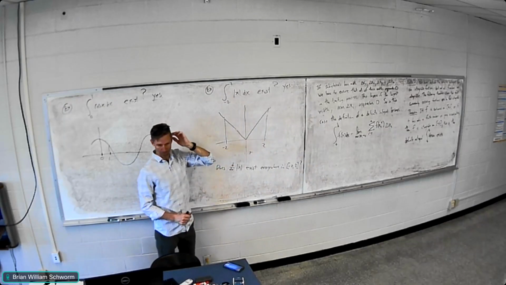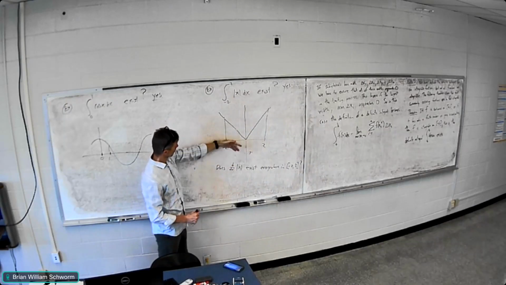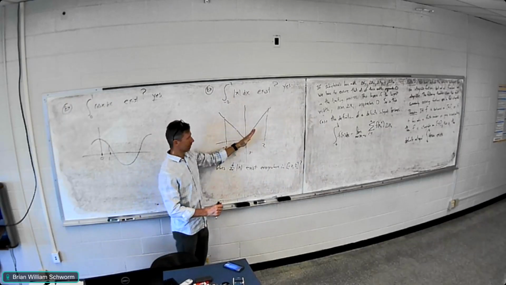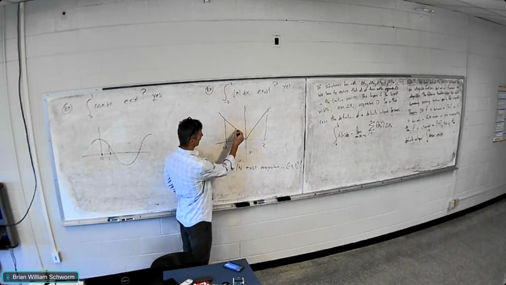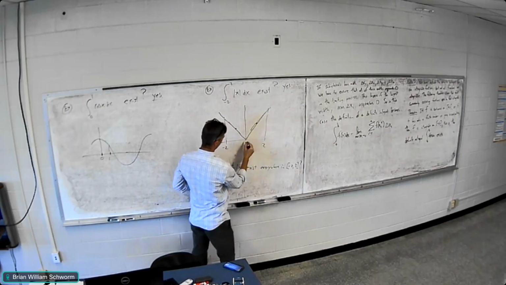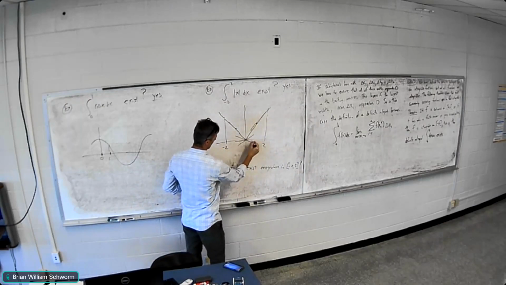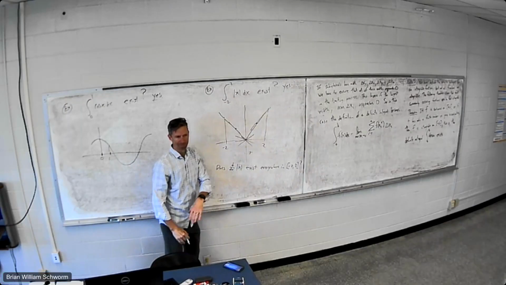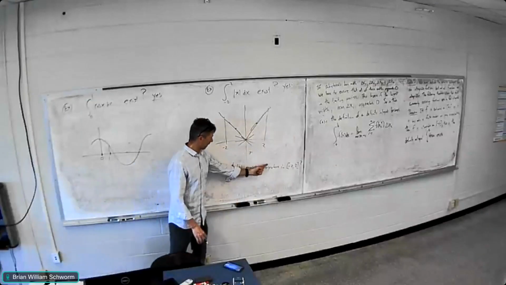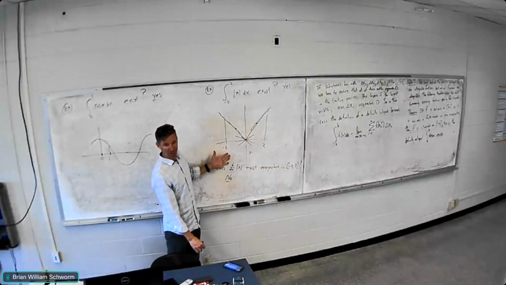If you think about tangent lines, there's not a well-defined tangent line at that point. Anywhere else there is. The tangent line would be right on top of the line. But right here, no well-defined tangent line. Which way does it go? So the answer to this is no. The derivative would exist everywhere except at 0.